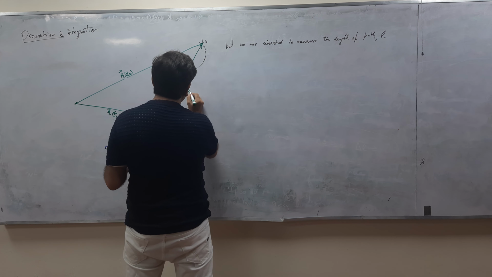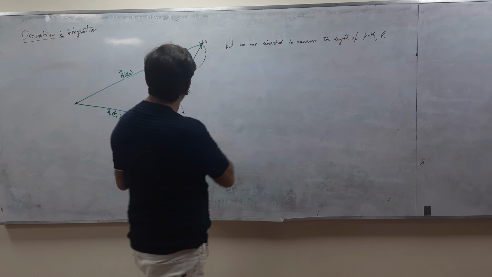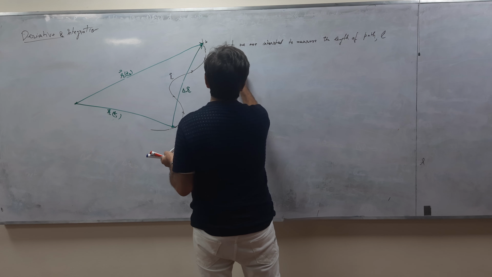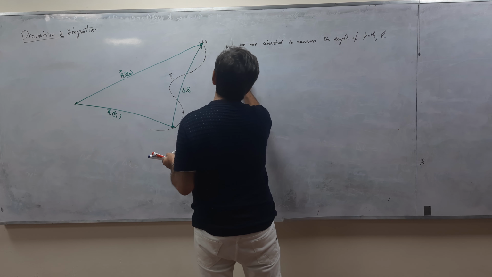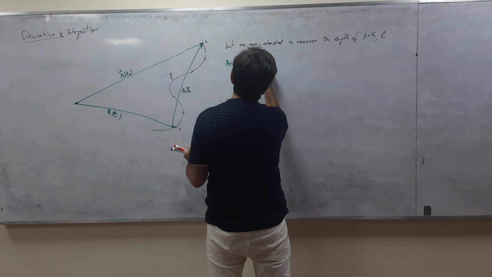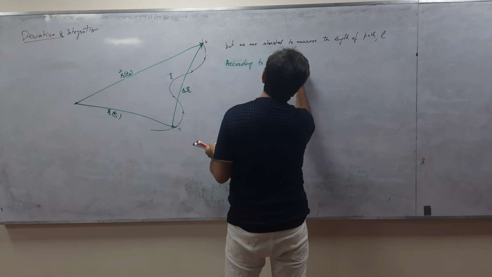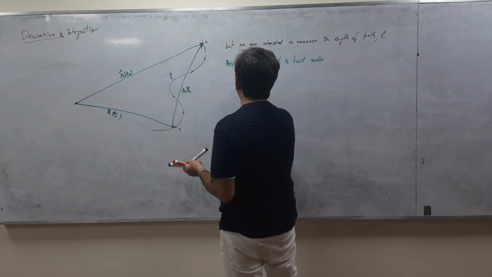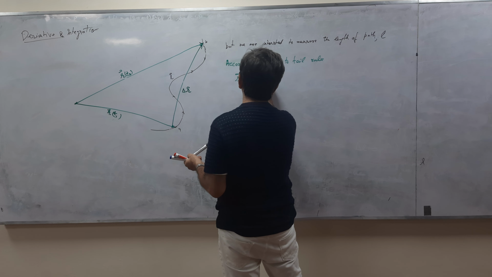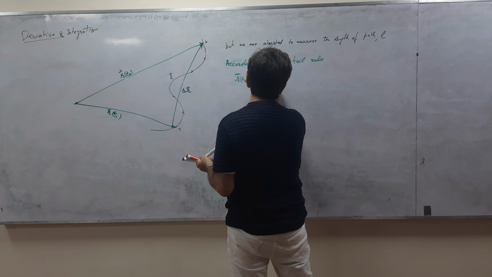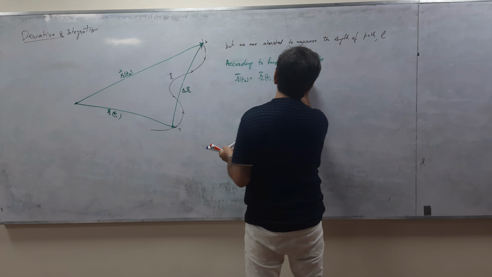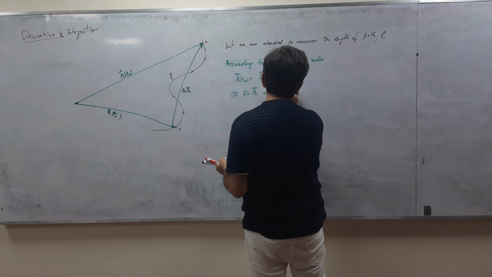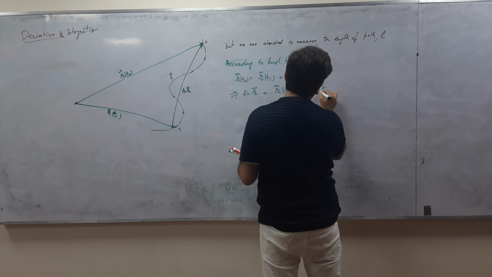Unfortunately, according to the head-to-tail rule, R(T2) will be equal to R(T1) plus delta R. This implies that delta R will be equal to R(T2) minus R(T1).